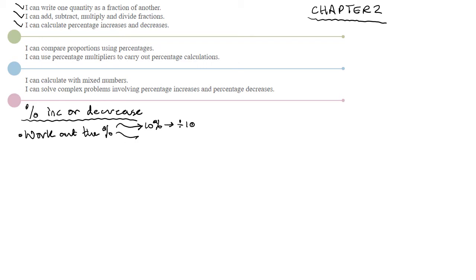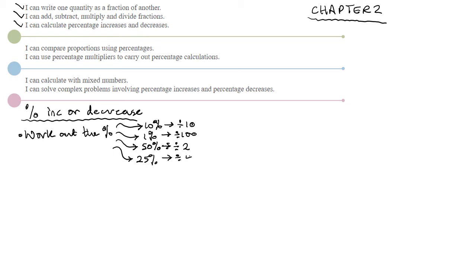To find 1% you divide by 100. To find 50% you divide by 2. To find 25%, for example, you can divide by 4.